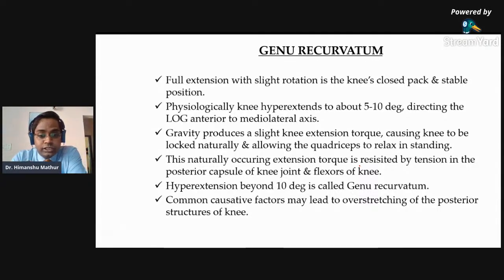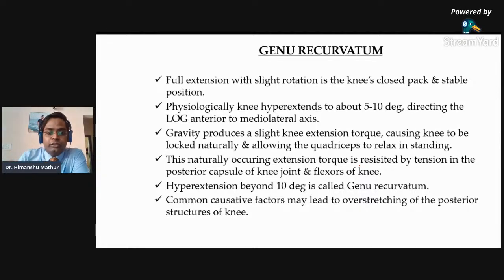Now, gravity produces a slight knee extension torque, because the joint reaction force, or the ground reaction force, coming from the ground, also lies a little anterior to the medial lateral axis of rotation of the knee joint. That is how physiologically it produces some amount of genu recurvatum, about 5 to 10 degrees, by placing the mechanical axis a little anterior to the medial lateral axis of rotation.